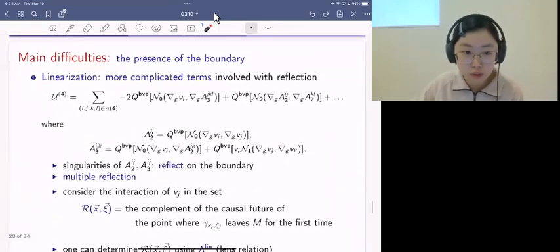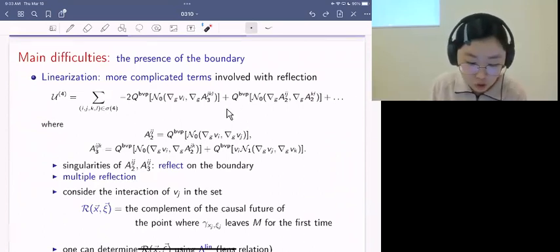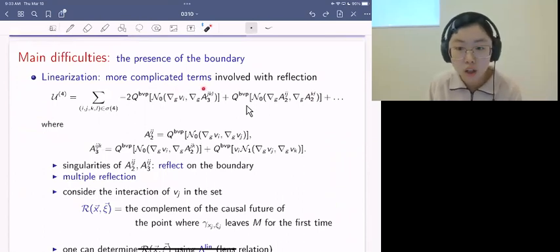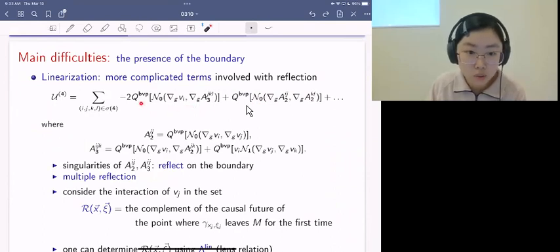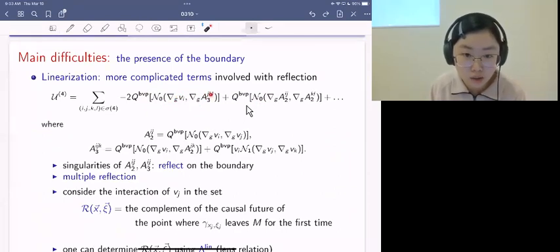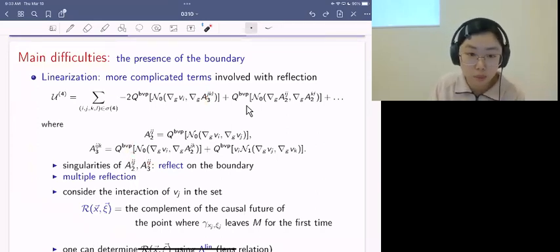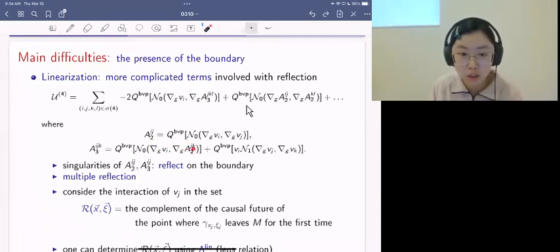Another difficulty we have is that after the first order linearization, we have more complicated terms, and these terms involve multiple reflections. So we have several terms in the fourth order linearization. For example, for this one, we have the parametrix applied to the product of a conormal distribution with the distribution A3. Here A3 is given by the parametrix applied to the product of a conormal distribution with A2.